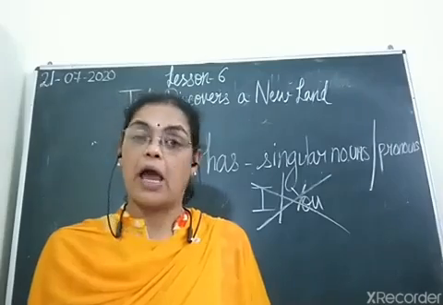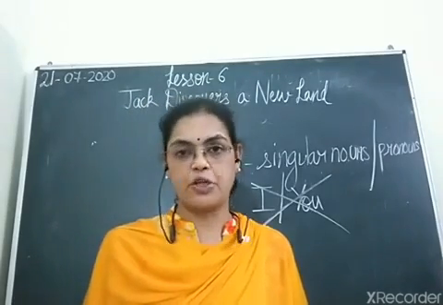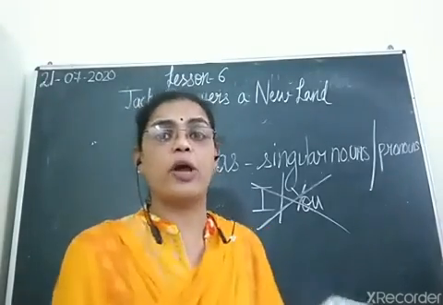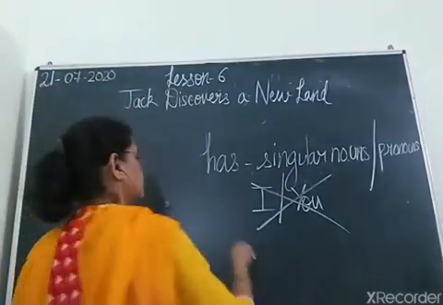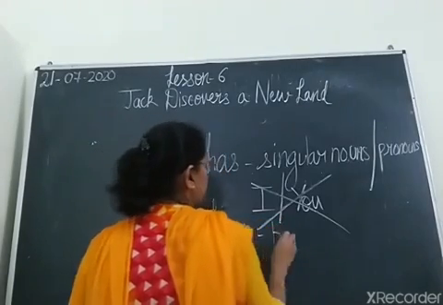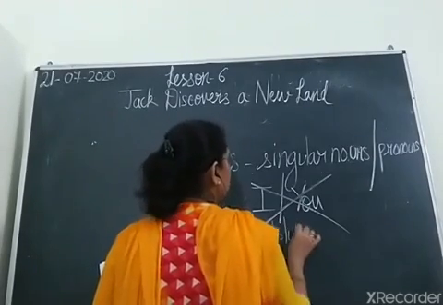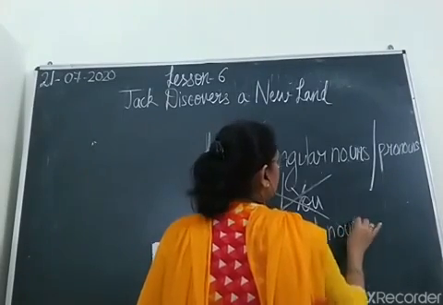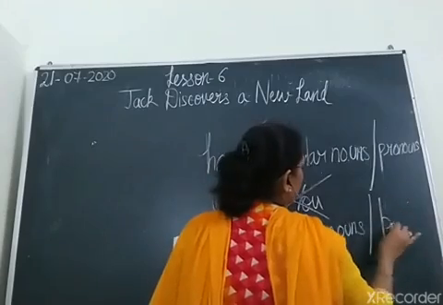Then children, have. Have is used for all plural nouns and pronouns. बेटा have जो है जितने भी plural nouns and pronouns है उनके साथ यूज होता है. Have is used with all the plural nouns and pronouns.